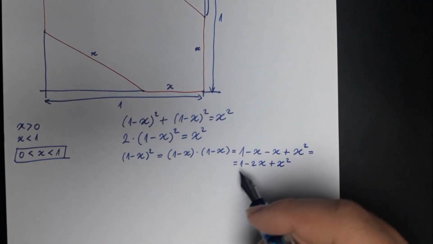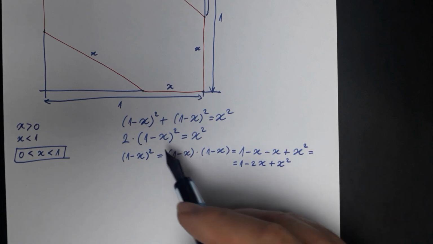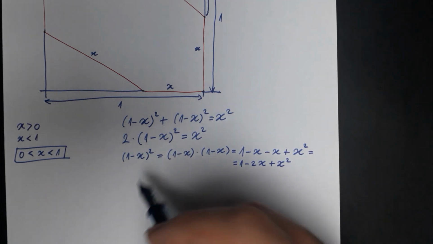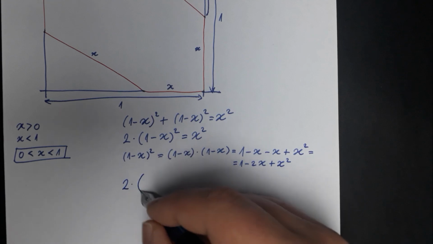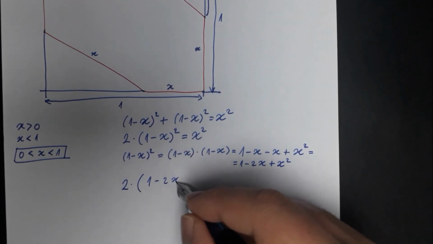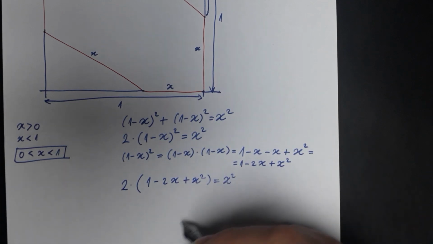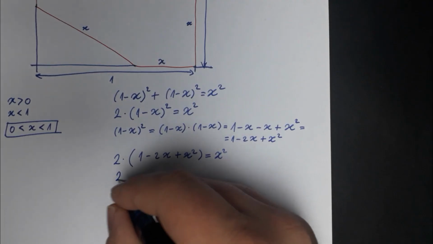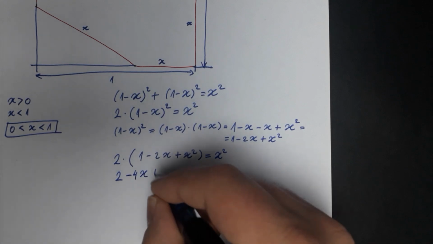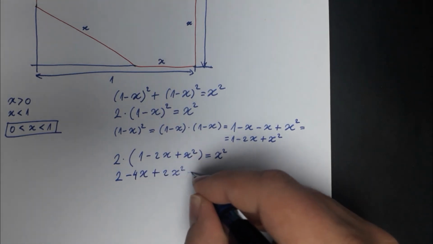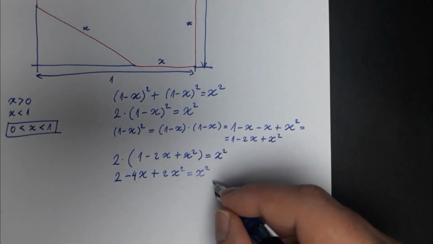Now we are going to return with this information into a previous step. We have now 2 multiplied by (1 minus 2x plus x squared) to be equal to x squared. That means that 2 minus 4x plus 2x squared is equal to x squared.